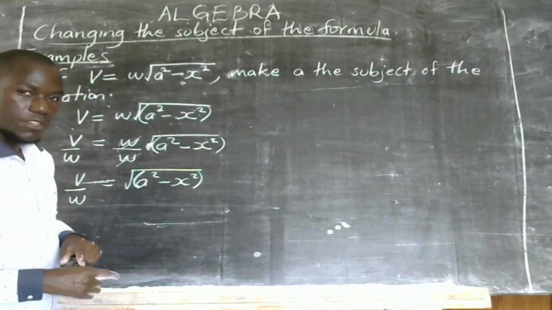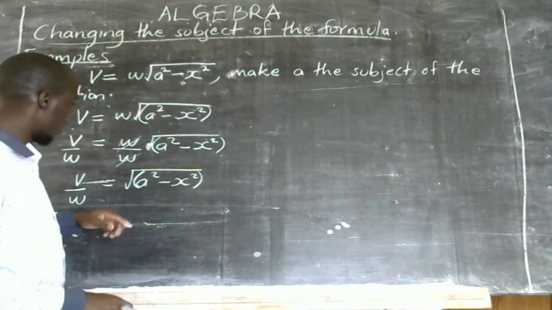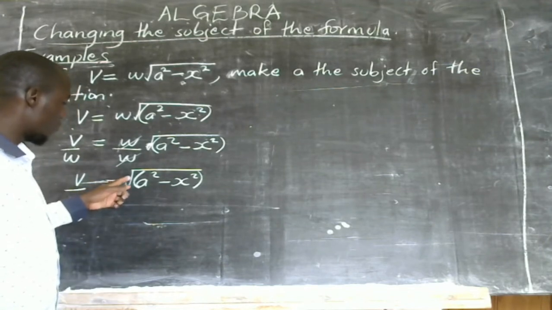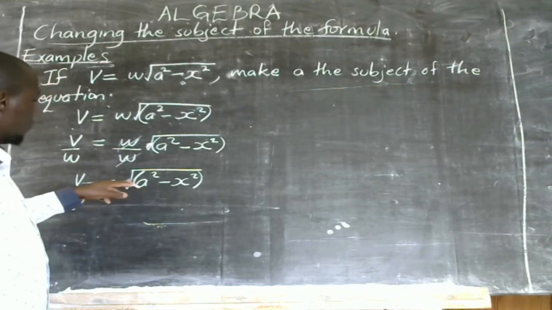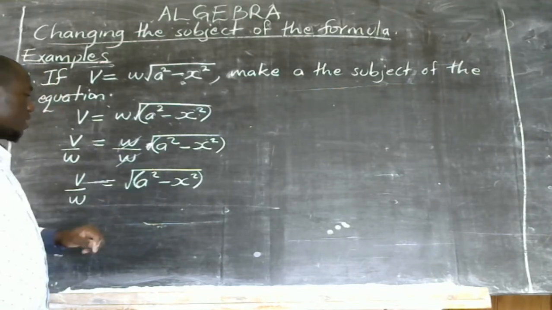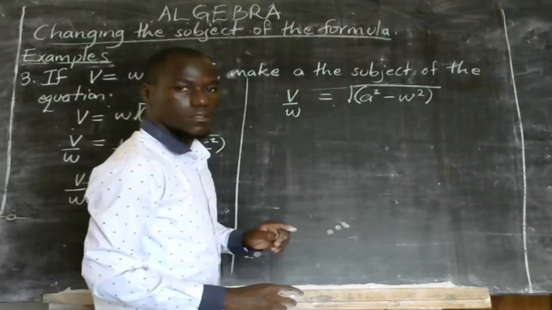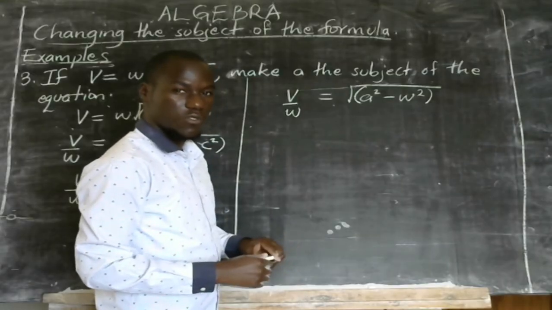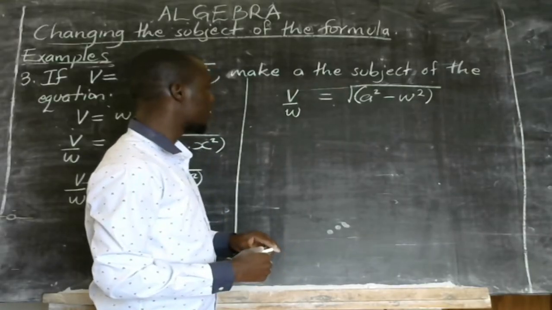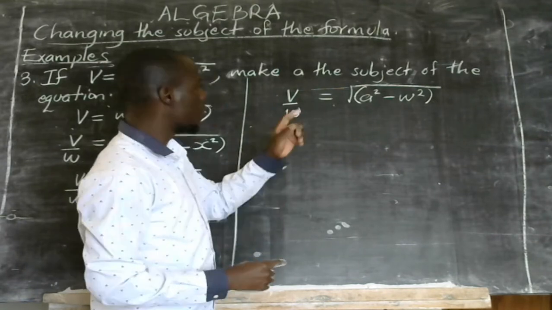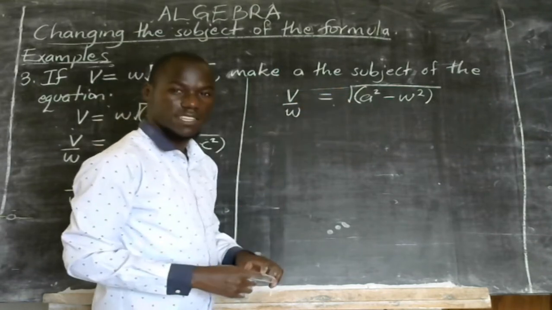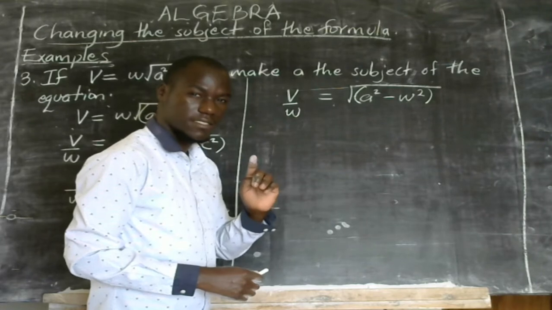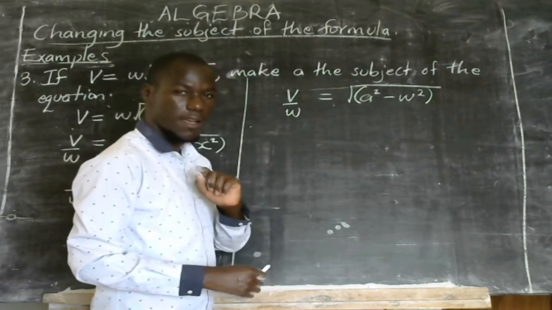Now I'm going to look at a way of eliminating the root, because it's the root that is stopping me from making a squared the subject. What kills the square root is squaring both sides. Remember, when you looked at the indices, we said the root is the same as power a half.